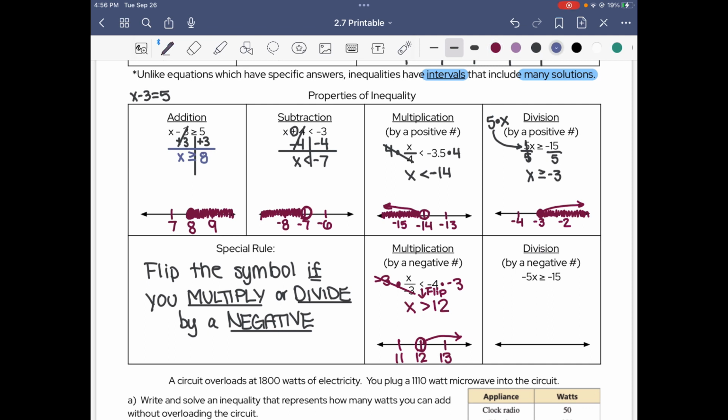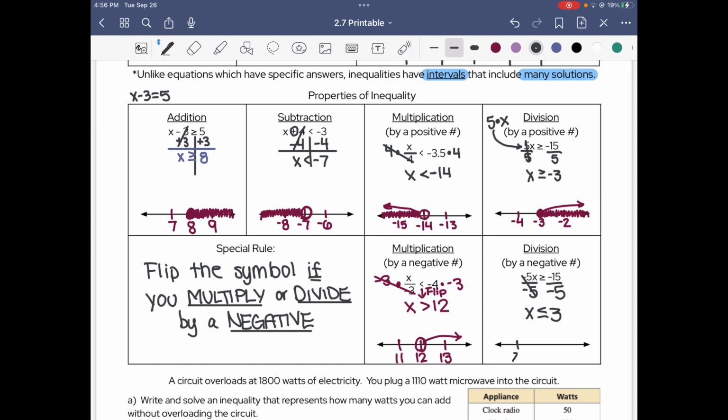And on the next one, division, I need to divide by the negative 5 that's in front of x. Since I'm dividing by a negative, instead of greater than or equal to, it's going to be less than or equal to. And negative 15 divided by negative 5 is 3.